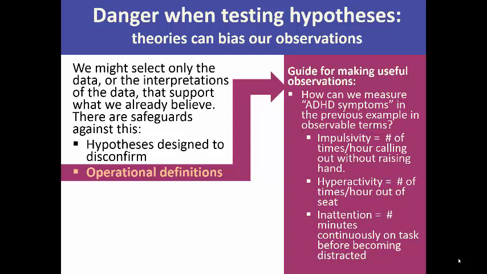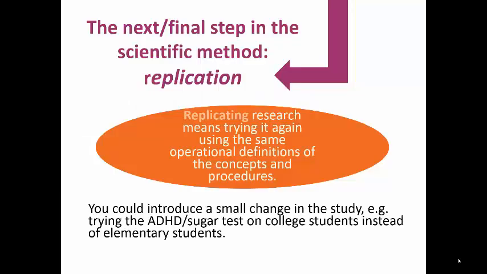So the number of times per hour a child calls out without raising their hand. Hyperactivity, we're defining that as the number of times per hour somebody jumps out of their seat. Inattention is the number of minutes continuously on task before becoming distracted. You can see that these are all quantifiable, and so there's little room for bias to be introduced here.